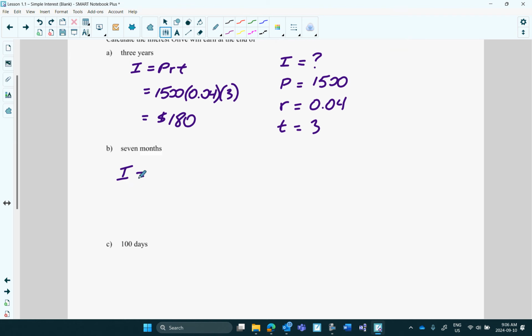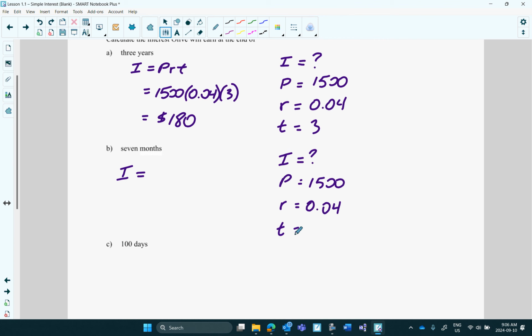What about if she's only going to invest for 7 months? Again, the interest is unknown. The principal is still 1,500. The rate of interest as a decimal is 0.04, but now the time has changed. Remember, the time has to be in years. How do you write 7 months in terms of years? It's not a full year, is it?